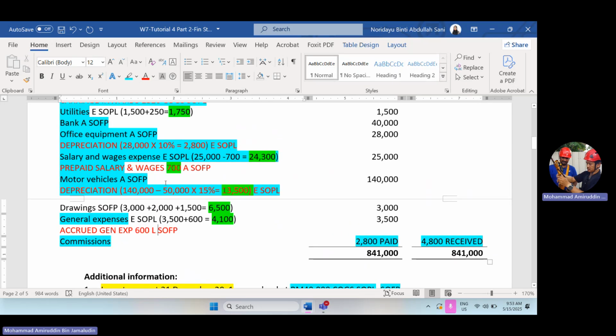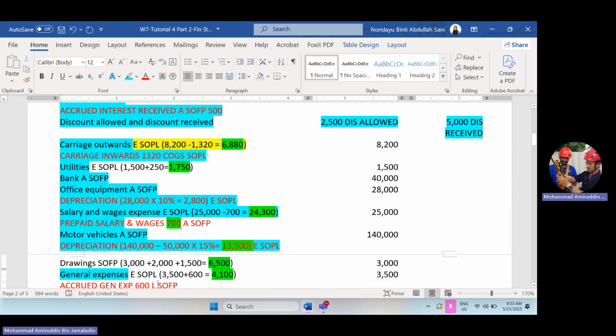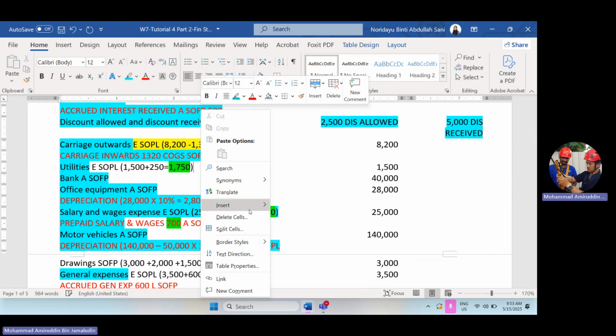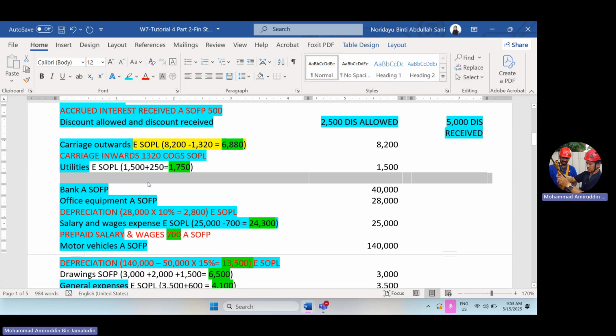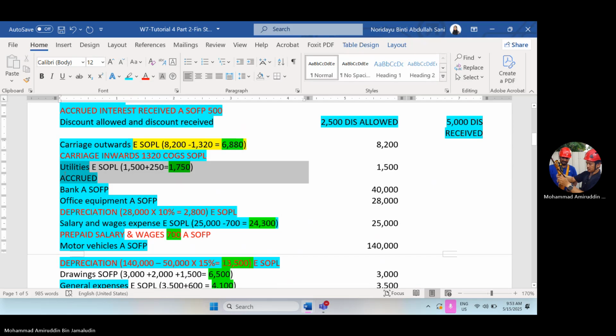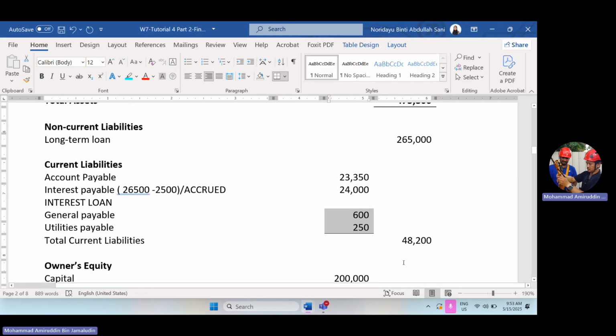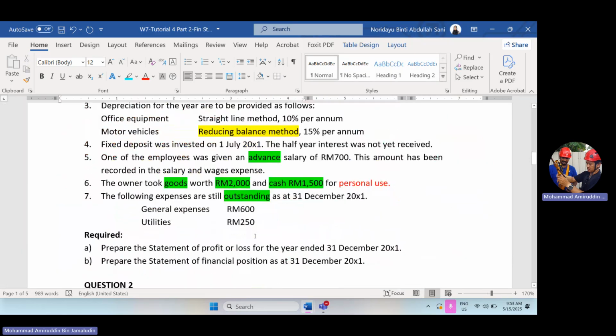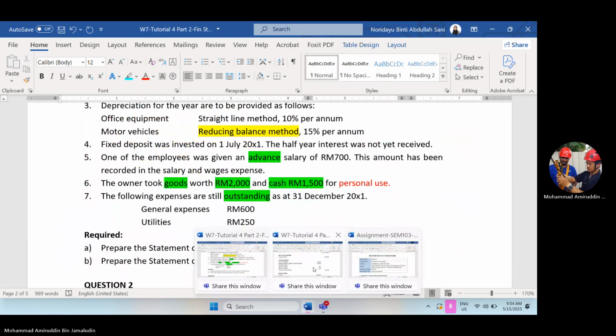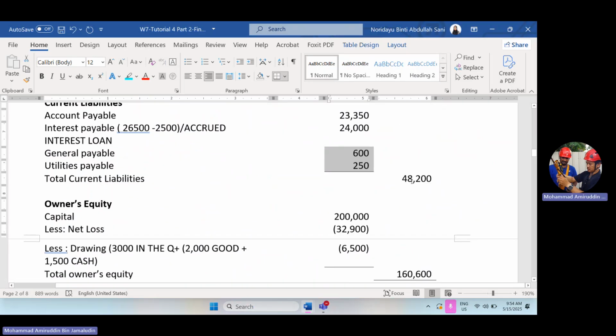Another one we have is the plus 250. The best way is to straight away put it, so that we don't miss out. Accrued utilities, 250. Current liability, SOFP. Okay, done. Those are the accruals just now. Last item, I guess. Okay, total current liability 48,200.